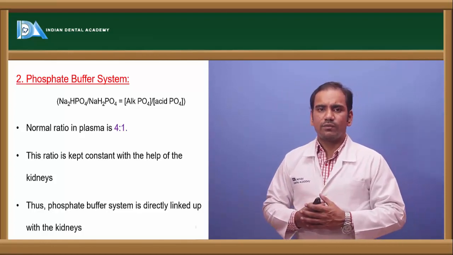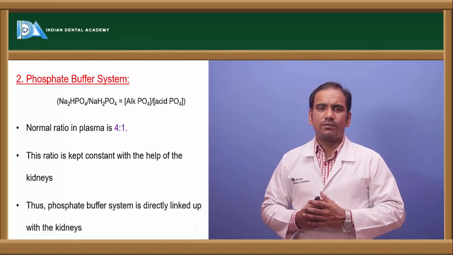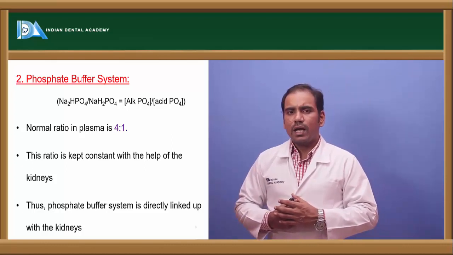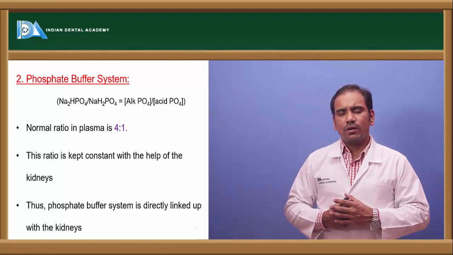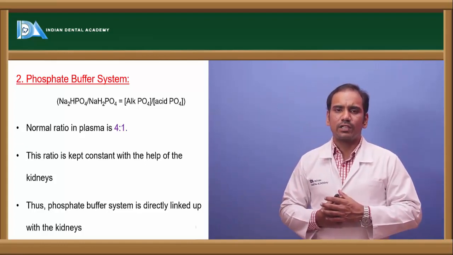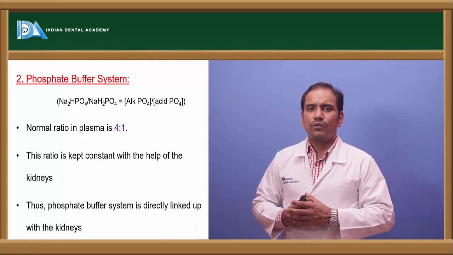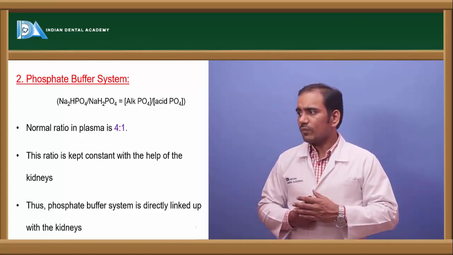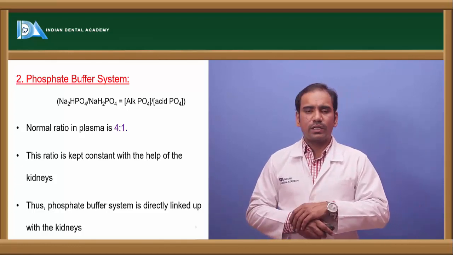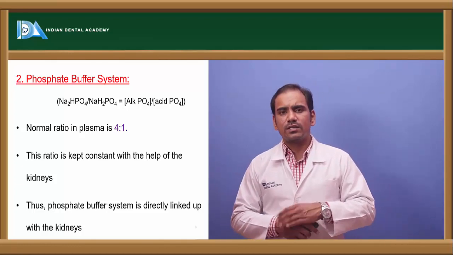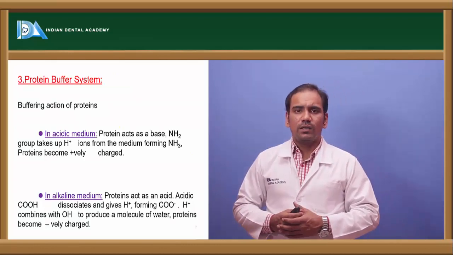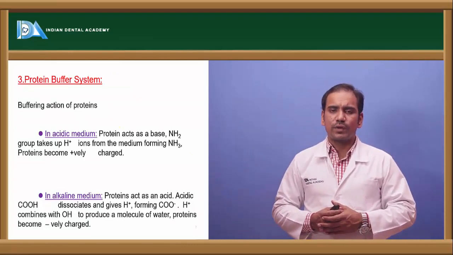When you apply the values in the Henderson-Hasselbalch equation, the ratio is 4:1. Here the phosphate buffer is directly linked with the renal system, the kidneys. That's about the intracellular buffer, the phosphate buffer.